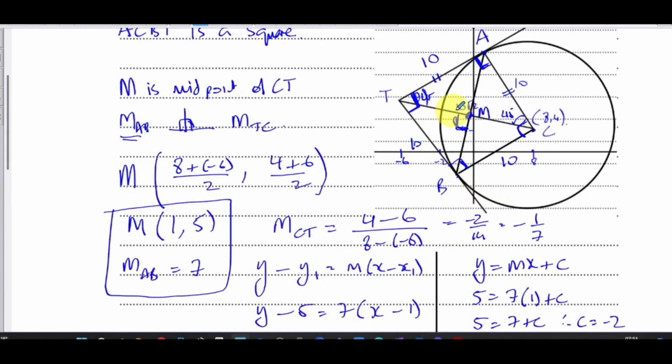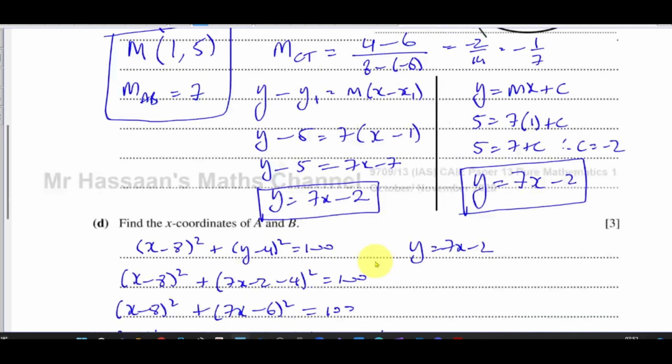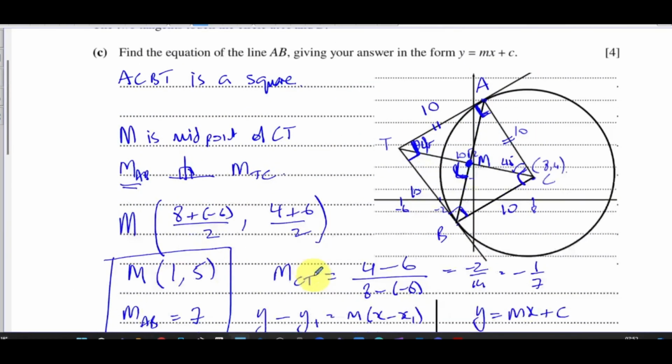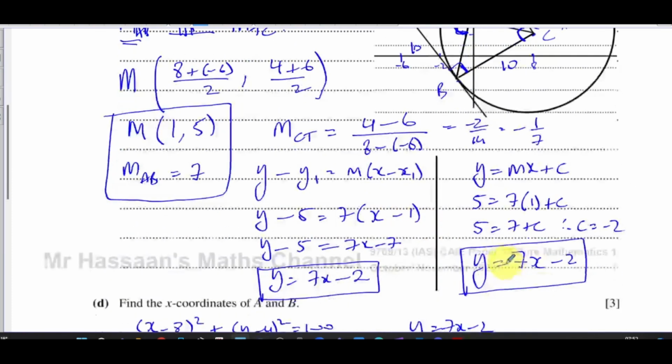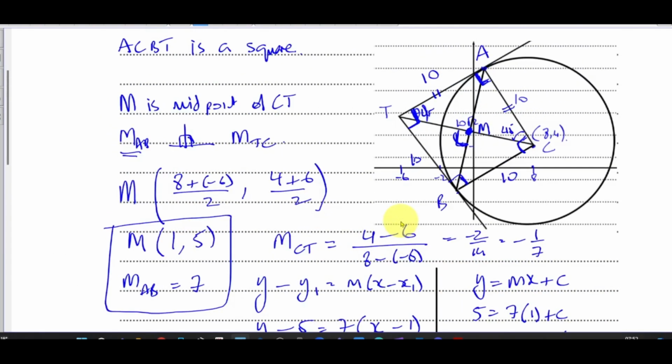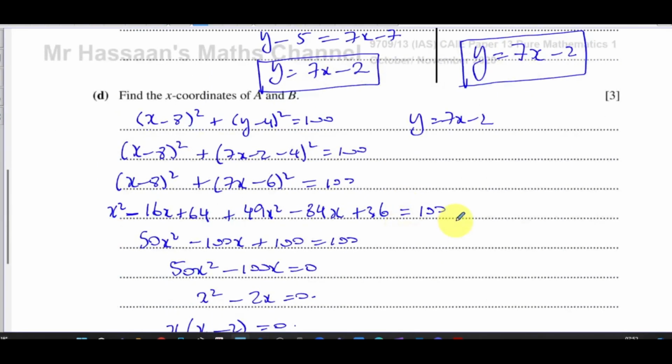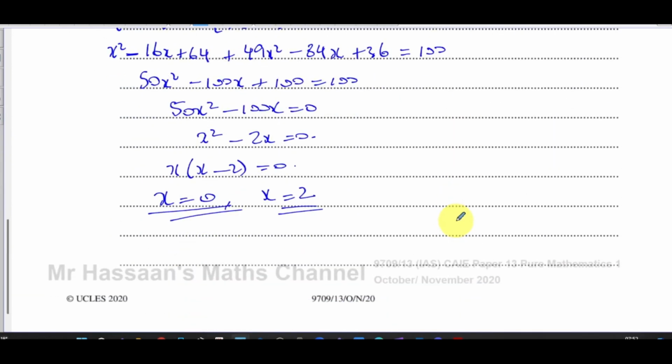We could have worked this out in some other ways, but I think this is probably the easiest way to deal with it, where you find where the circle and the straight line intersect by solving the equations simultaneously. So that concludes this question.